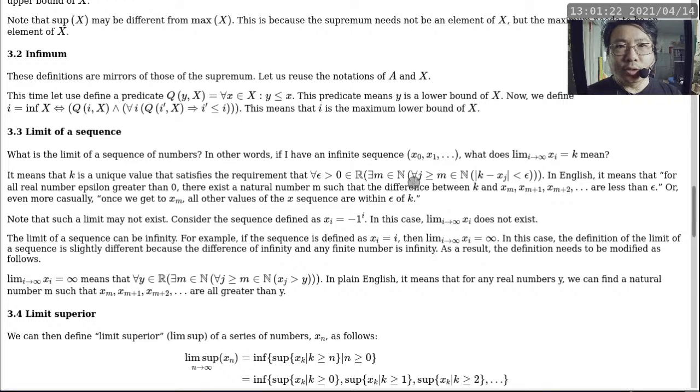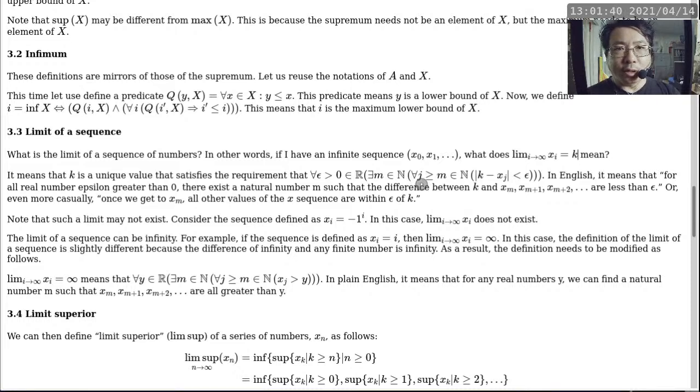By the time we get to the for all j blah blah blah, all we need to know is epsilon is a real number greater than 0, and m is a valid index into the sequence. Okay, then what?